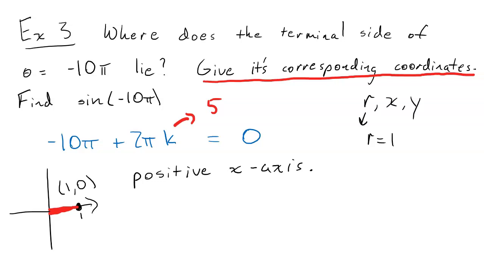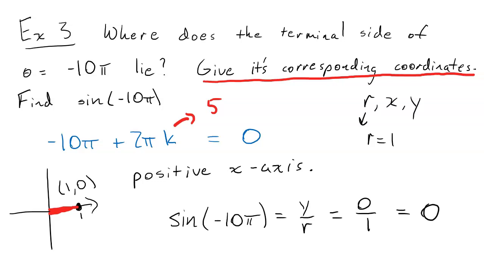So sine of negative 10 pi is equal to our y coordinate over our r, which is 0 over 1, which is equal to 0. So here we have the axis on which it lies, the coordinates of the point on the terminal side, and we have evaluated sine of negative 10 pi.